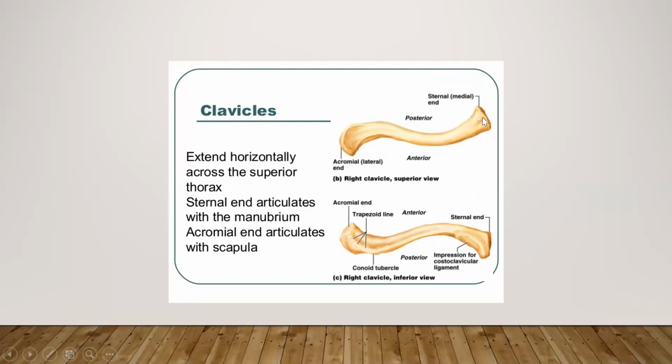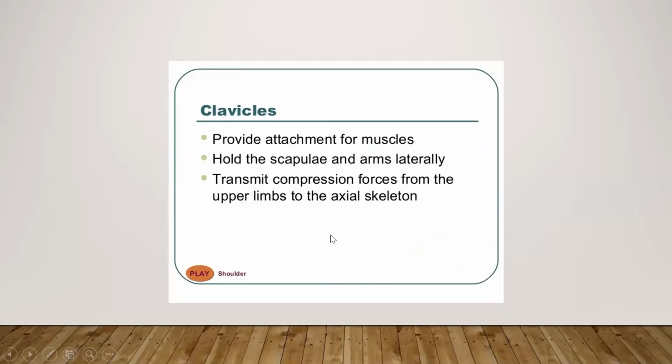The sternal end articulates with the manubrium, and the acromial end articulates with the scapula. It provides attachment for the muscles that hold the scapula and arm laterally, and transmits compression forces from the upper limbs to the axial skeleton.